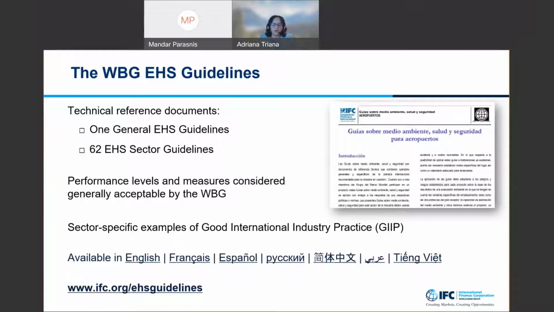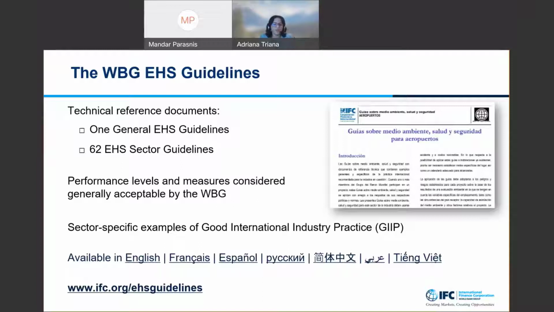Now, the World Bank updates them occasionally, especially when there is a change in technology or in good international industry practice or a new sector is emerging. For example, in 2015, there was the release of the wind energy environmental health and safety guideline.